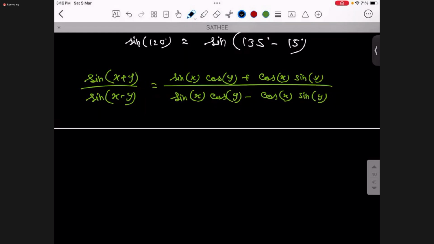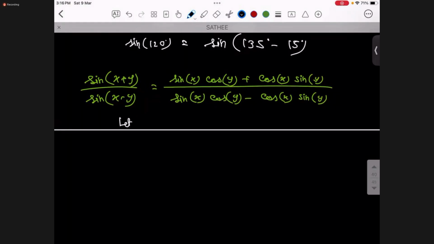We have to decide which function to divide by, but at this point we are sure that we need to divide by a cosine function. So let's divide by this.